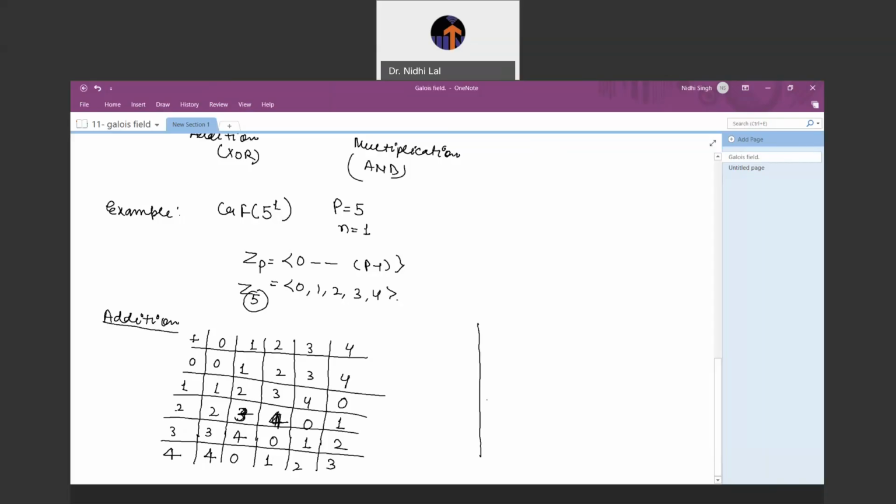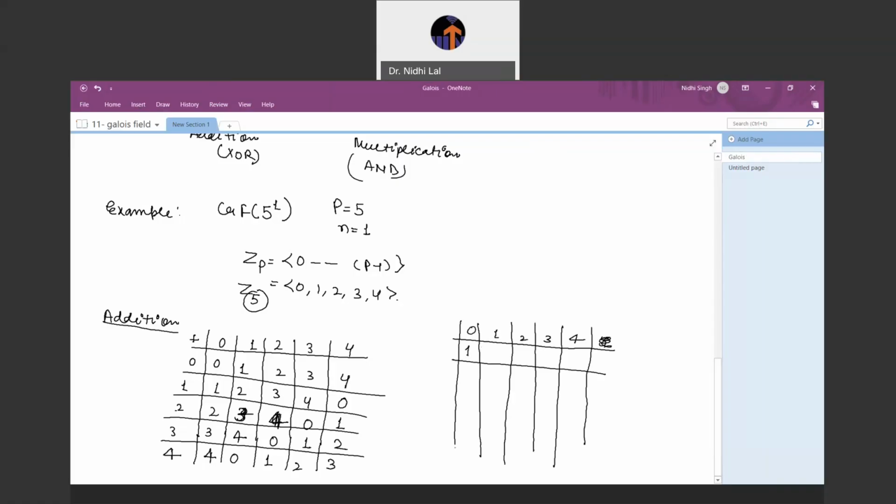And what about the multiplication? So 1, 2, 3, 4. Here the operation is multiplication.